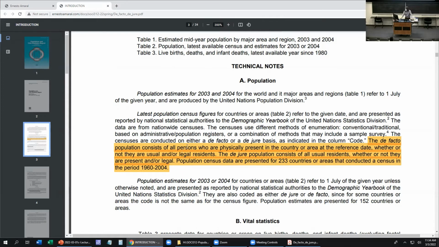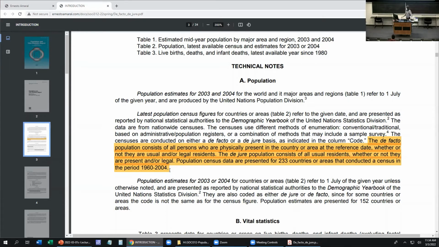So the de facto population consists of all persons who are physically present in the country or area on the reference date, whether or not they are usual or legal residents. The de jure population consists of all usual residents, whether they are present or not, right? If someone left after April 1st, someone died, or someone entered, those people are not counted based on our date of reference.